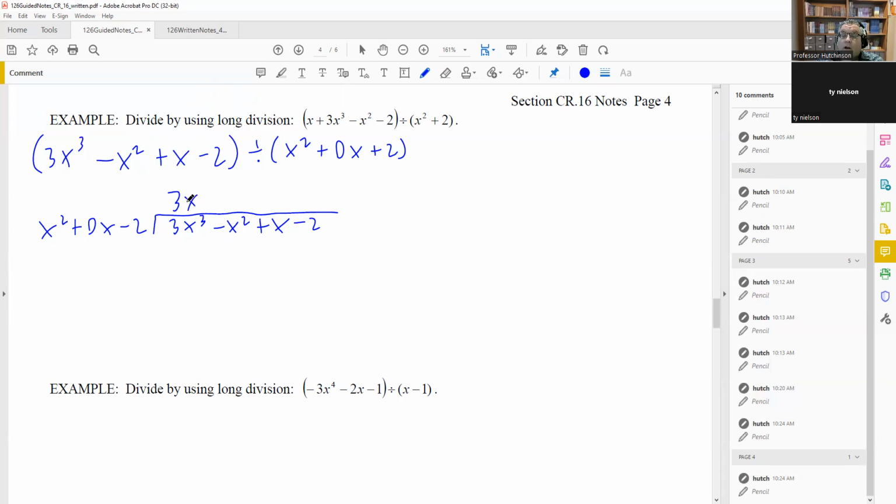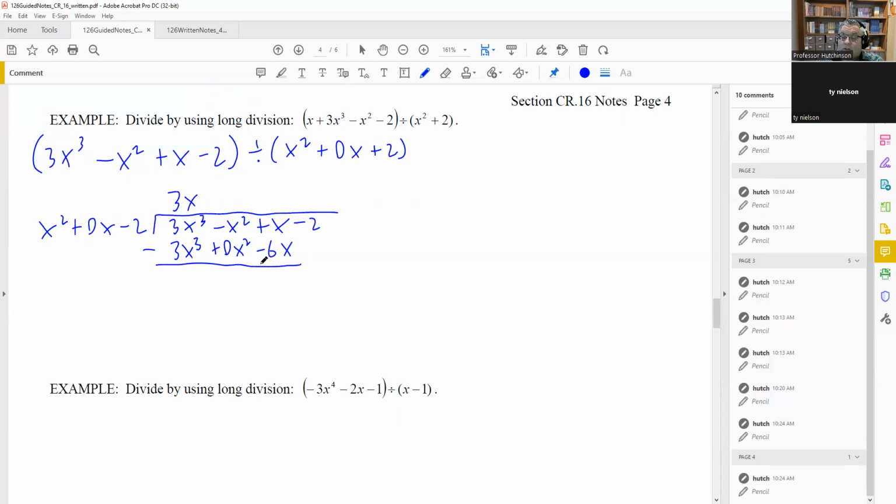Whatever you put up here, when you multiply it with the first term, you should always get the first term that's inside the division bar. So 3x times x squared gives you the 3x cubed, as expected. 3x times the 0x is going to be a 0x squared. 3x times negative 2 is a minus 6x.